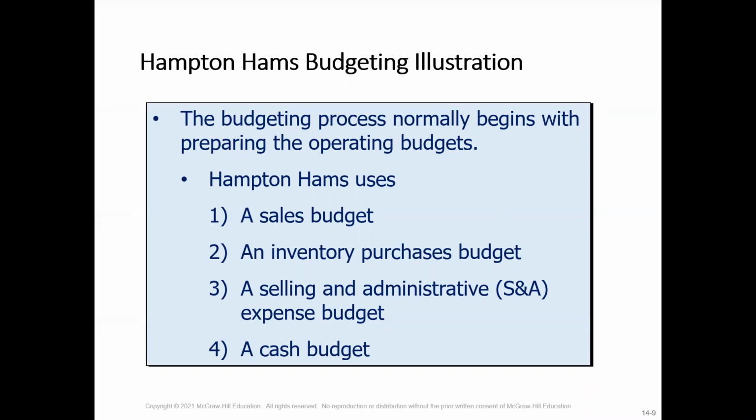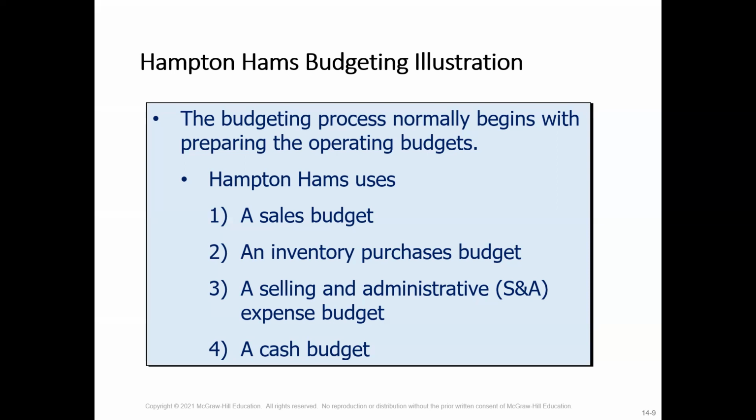Some of the elements which will be involved: the starting point is almost always a sales budget. The sales budget will tell us about how many units we expect to sell. That tells us not only how many units we should purchase during the year, but also how many units we might purchase to have as available inventory. That feeds into number 2, the inventory purchases budget.